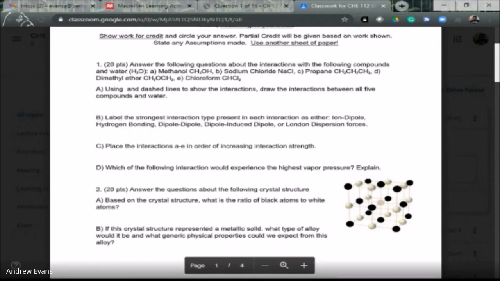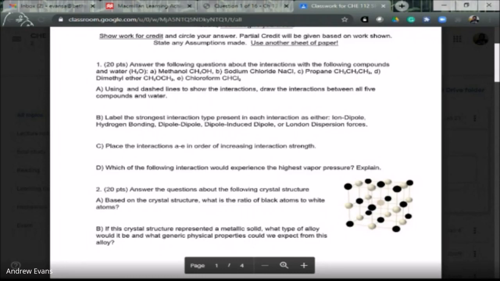Which one of these would have the highest vapor pressure? Propane. It has the least forces. It only has London dispersion forces, so the forces are weaker, and in fact propane is a gas at most room temperatures. You pressurize it enough, yes, it will liquefy, but under most conditions it is actually a gas. So yes, it's going to have a high vapor pressure.